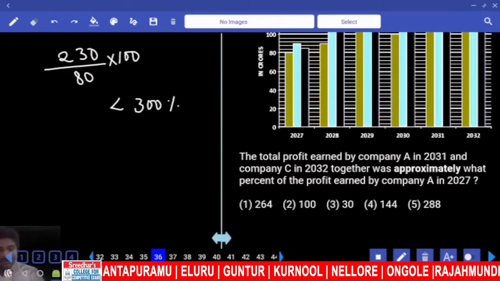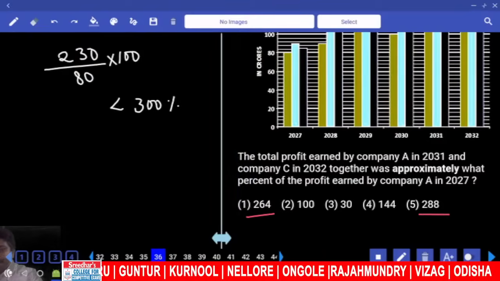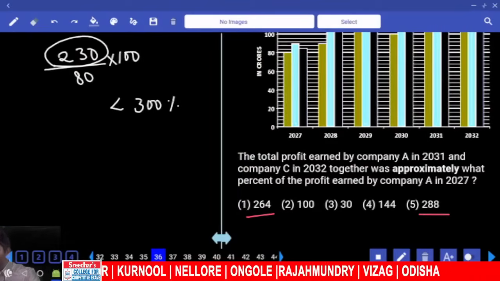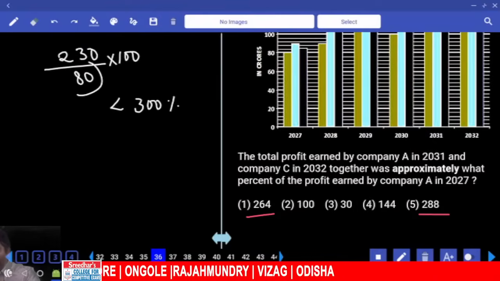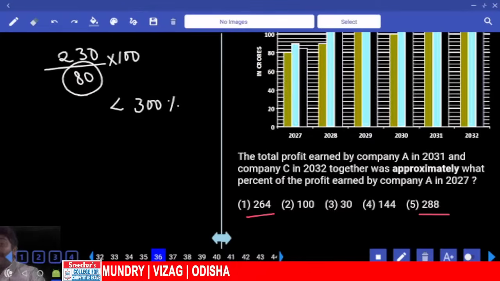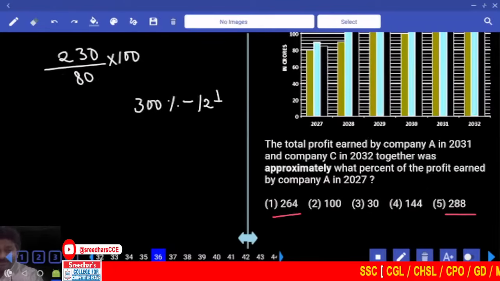Go to options. How many are there? Either this or this. Correct? With respect to 240, numerator is how much less? 10 less. 10 is 1/8 of the denominator. 1/8 in percentage is 12.5%. So 300% minus 12.5%.